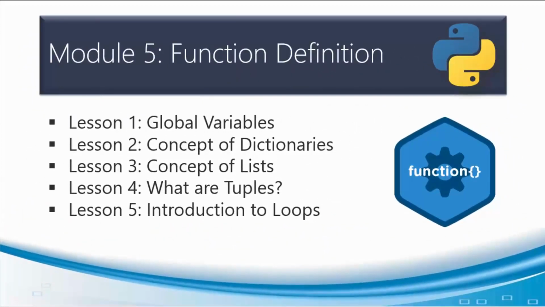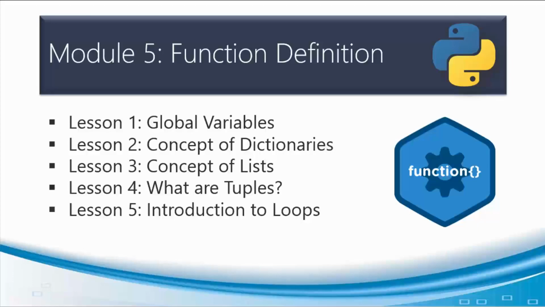Module 5 is function definition. This has 5 lessons. First is global variables: how to define them, what they are and what they do. Lesson 2 is the concept of dictionaries, and lesson 3 is the concept of lists. Again, you define a certain set of values and then you use those values in code.